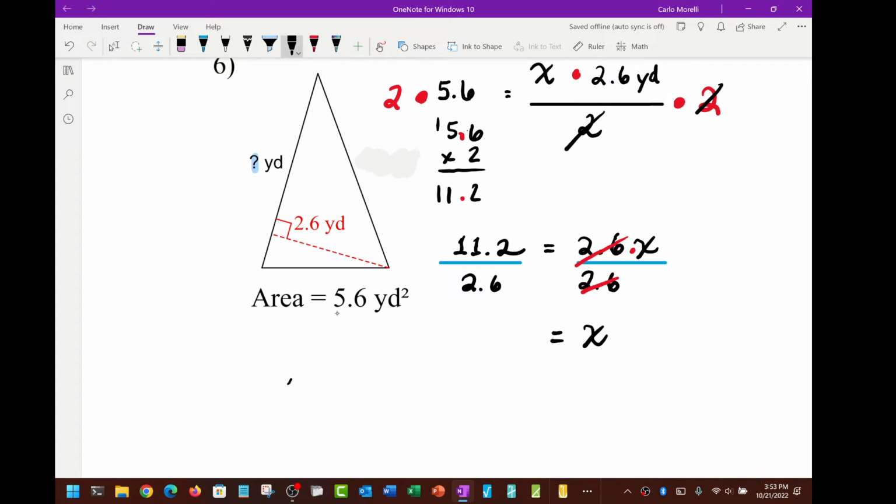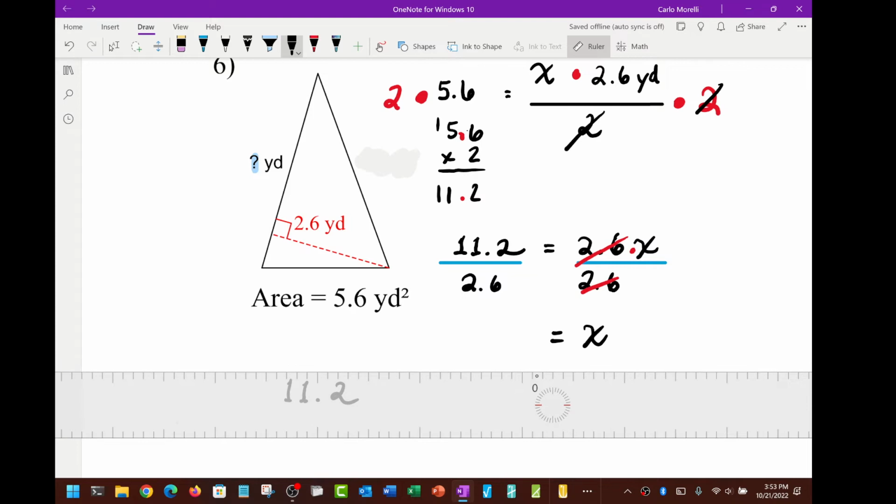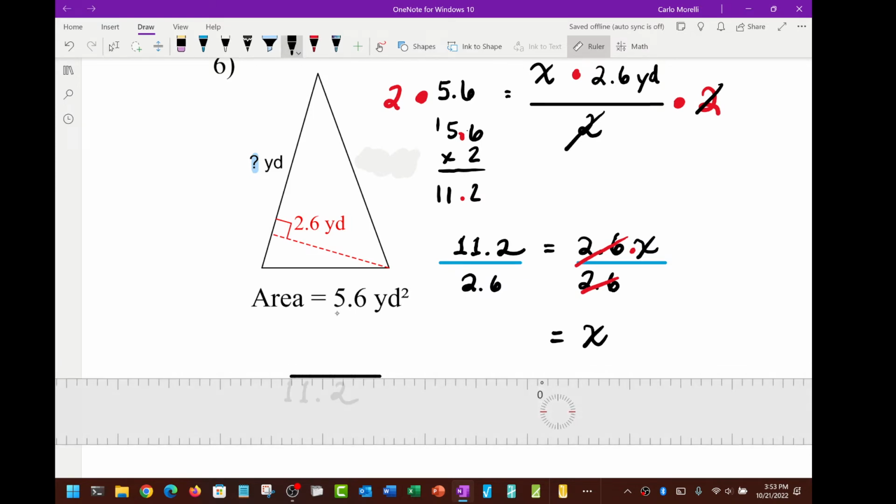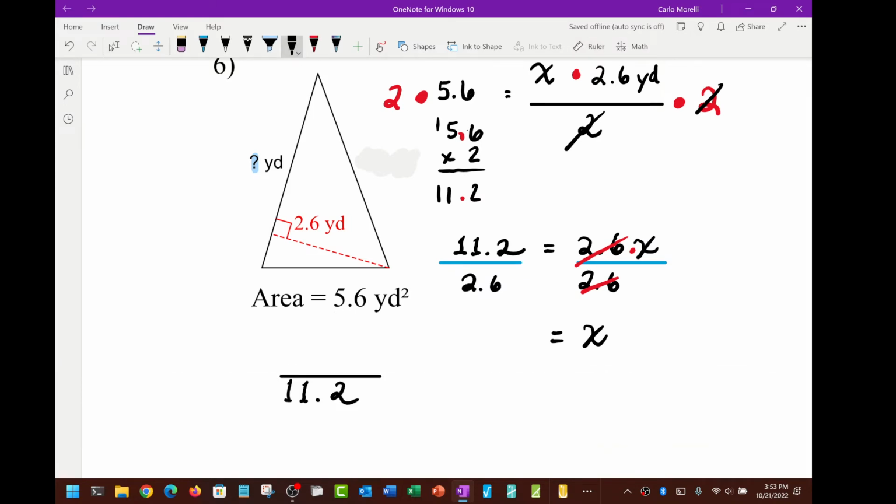Over here I have 11.2. But I'm not going to, well, I'll show you. So 11.2, and we're going to make a division sign, long division sign. Okay, and then we have 2.6 as our divisor.